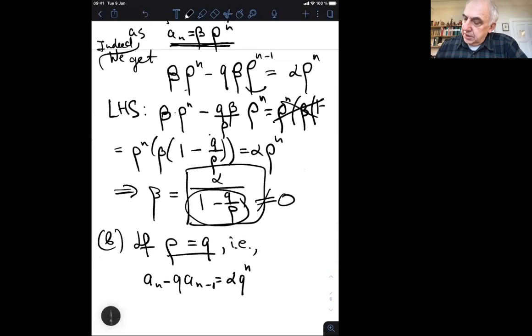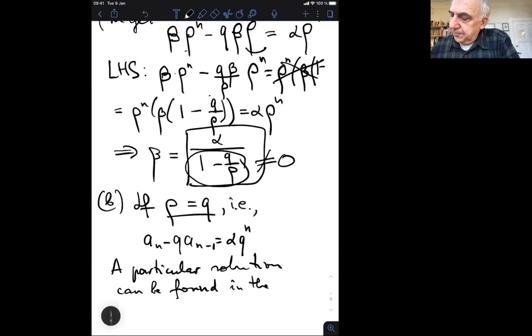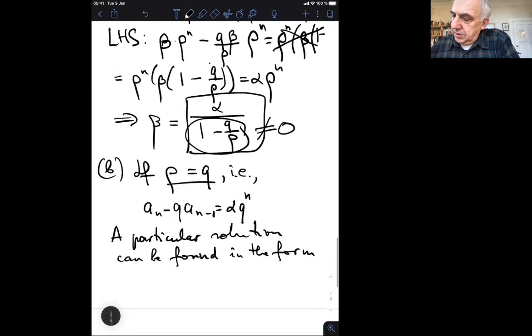In this case, we can still use the general solution of our homogeneous equation, which is again a general geometric progression with ratio q. What about the special solution? A particular solution can be found in the form a n equals some number beta n q power n.